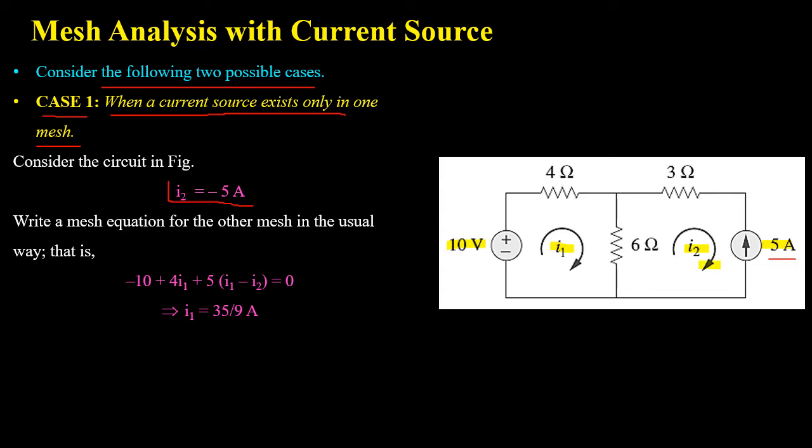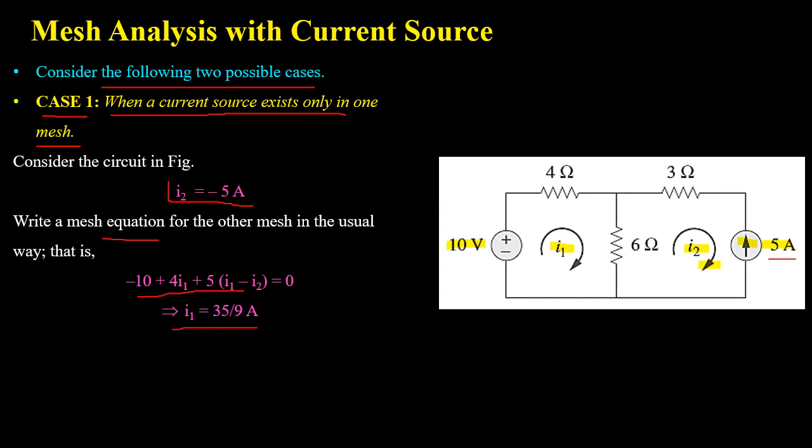Now if you apply KVL on the first mesh and transform voltages in the form of mesh currents, we will have the second equation. Substituting the value of I2 in the KVL equation of mesh 1 and solving for I1, we will have mesh current I1 equals 35/9 amperes.